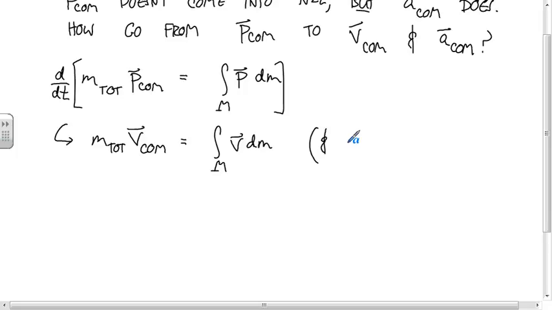And you can also use this with the sum formula. So the total mass times v com is equal to the sum for i from 1 to n of the individual velocities of the center of mass times the individual mass.